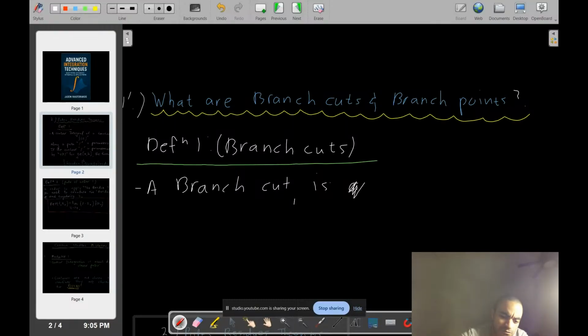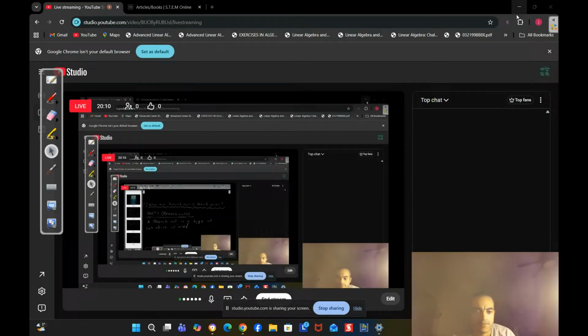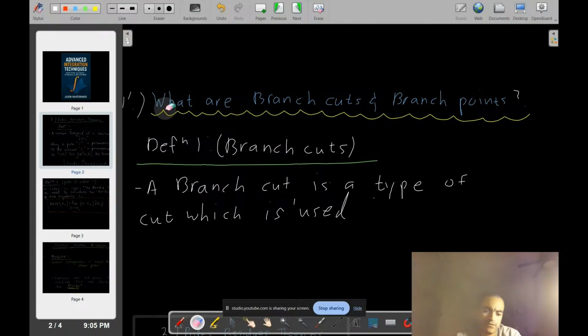I'm putting it in quotations. A branch cut is a type of cut which is used for multi-valued functions. Let me see if anyone's coming in.